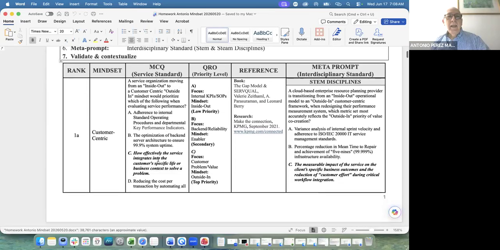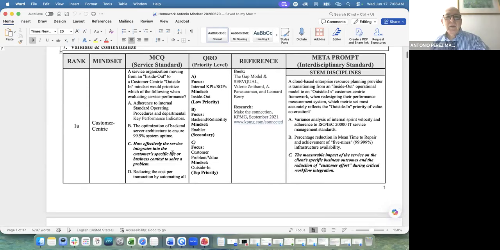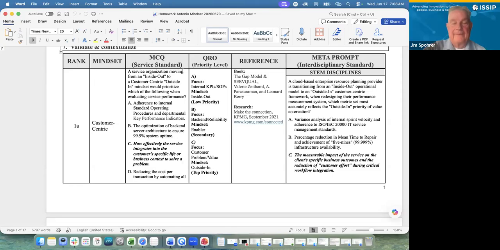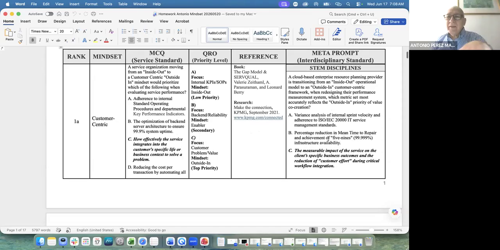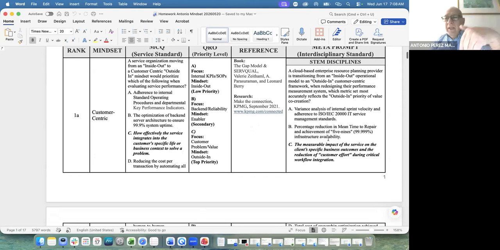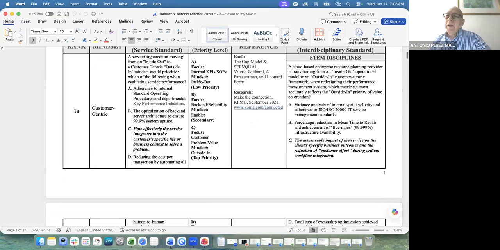Okay. The first thing I tried to say is this question, the third column, MCQ service standards. And then the meta prompt is the same question, but for the disciplinary standard this time, I made another approach. What is the approach?